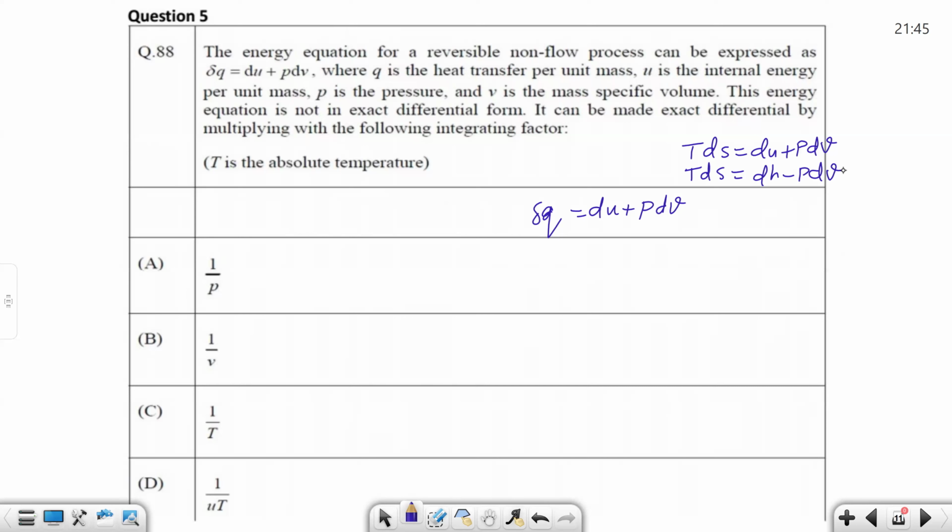To make this a point function, we know that dQ by T equals dS.